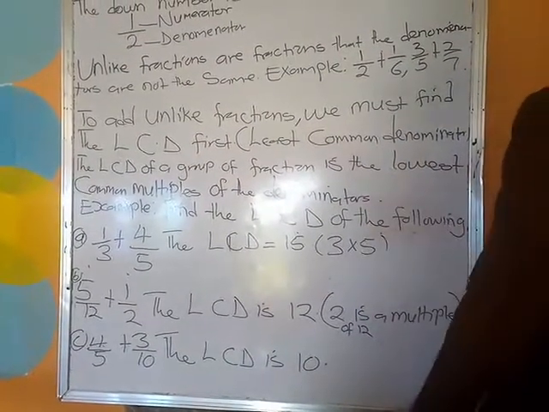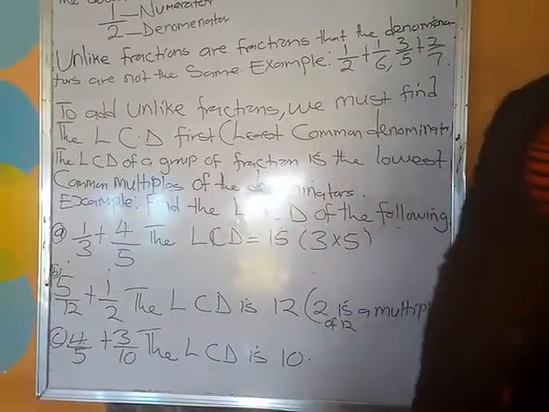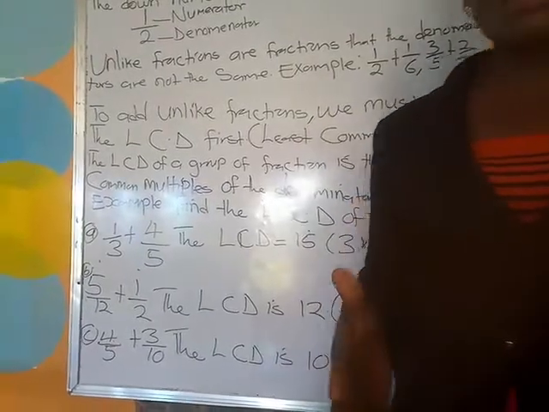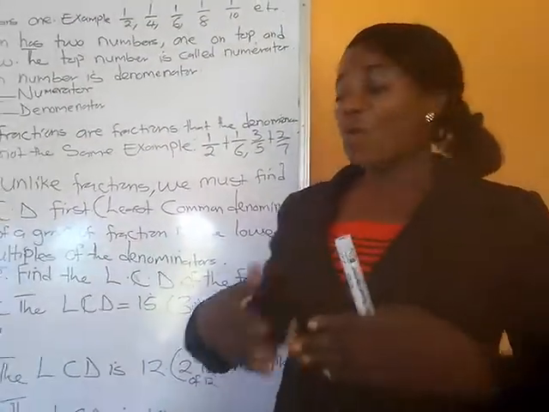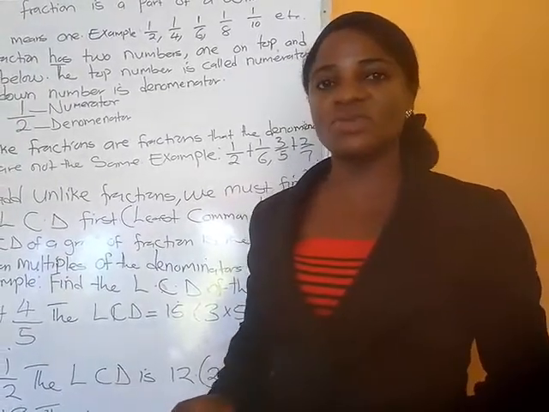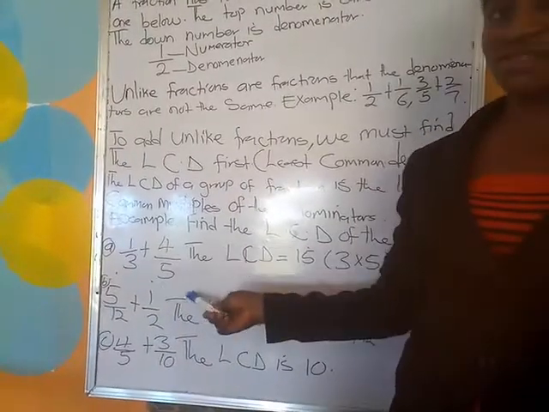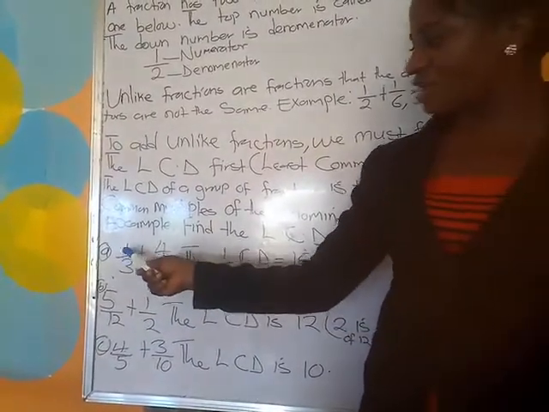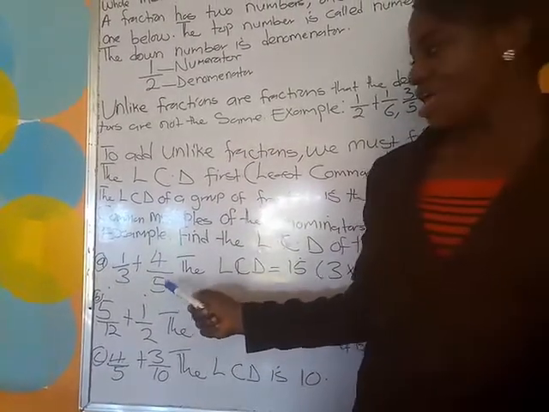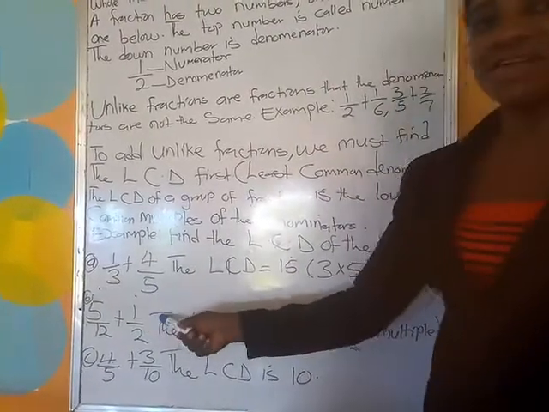That is the number that can divide both the denominators. And to find the LCD, there are two ways. The LCD can be one of the denominators, and it may not be one of the denominators. In a case where the denominators are both odd numbers, for example, 1/3 plus 4/5, we cannot pick one of them as the LCD.